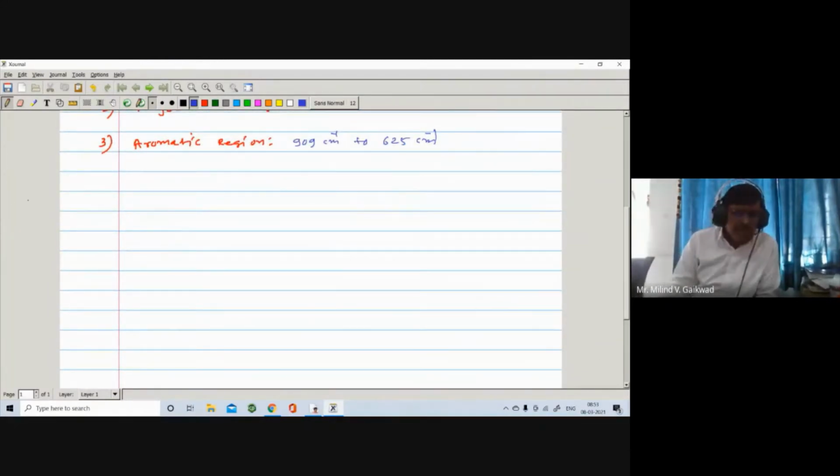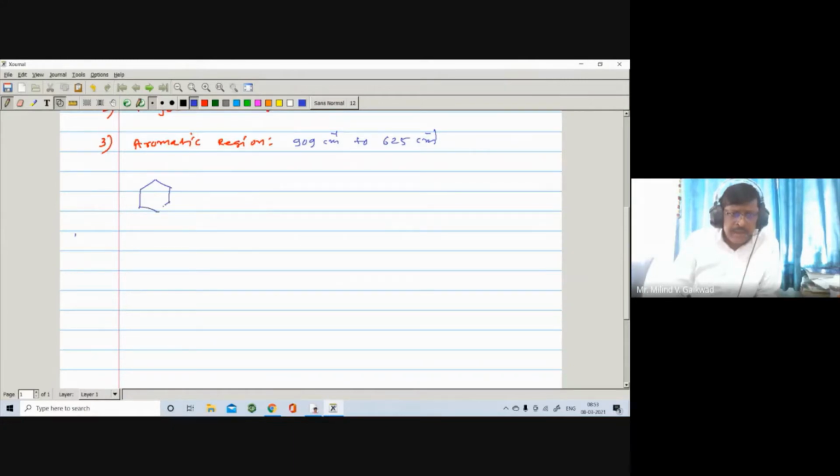So what are the aromatic compounds? Aromatic compounds contain benzene, right? So here is the benzene, and this benzene contains pi bonds, and on each corner there is a hydrogen. It is an unsubstituted benzene.